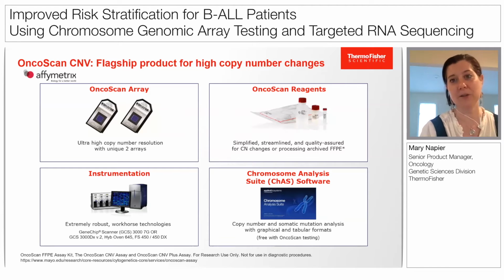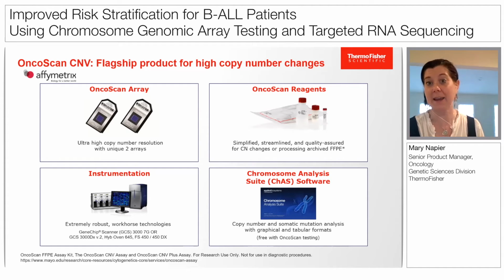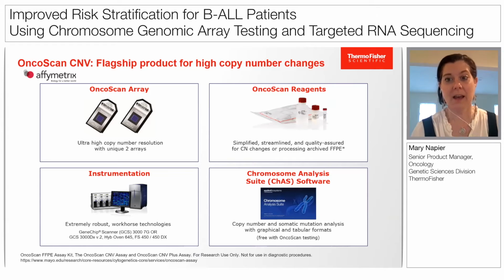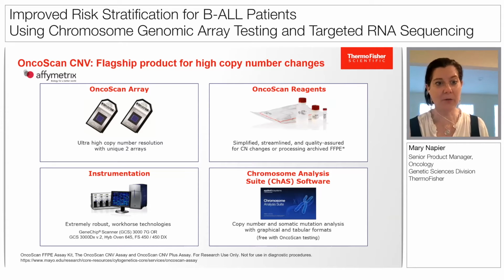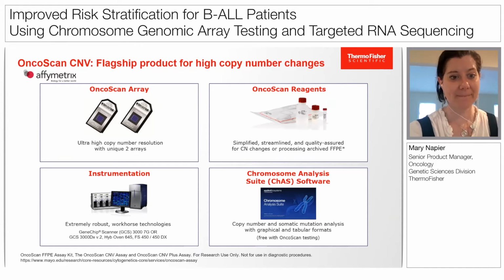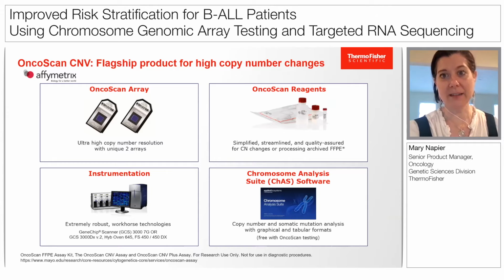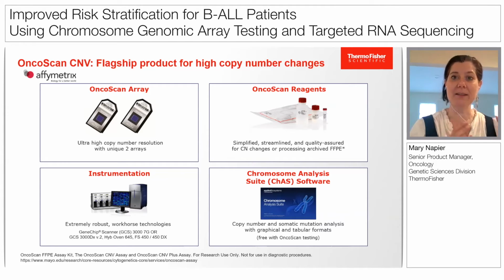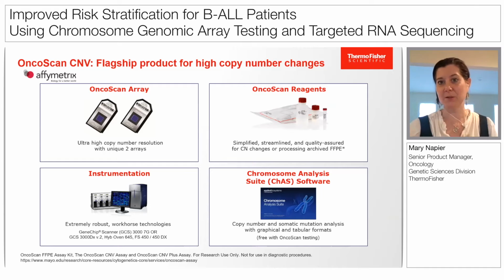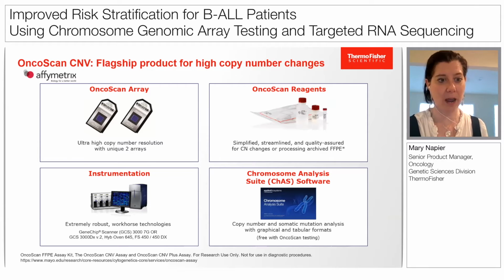And again, it's an extremely robust workflow, again, on the GCS 3000, just like Cytoscan. And just like Cytoscan, it uses the Chromosome Analysis Suite, and that is actually a complementary software. And it's fantastic for FFPE. So people often separate Cytoscan for blood-based cancers and OncoScan for FFPE.